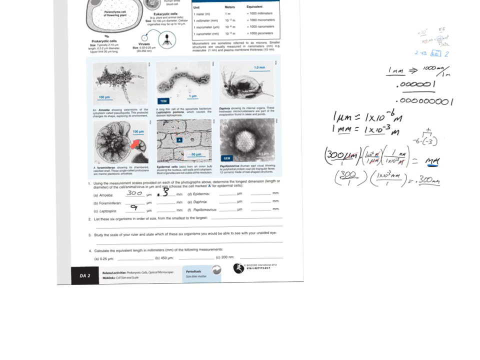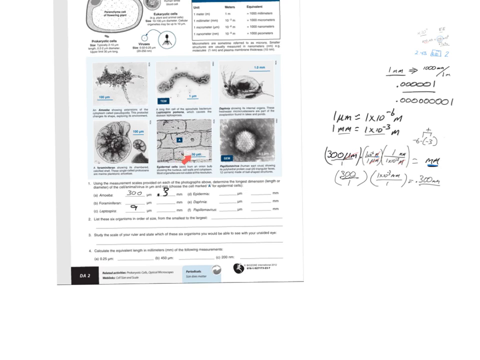So what you're talking about here is the zooming in, the magnification of the microscope is different. So the same length is going to be equivalent to a smaller number at higher magnification and a larger number at a lower magnification.